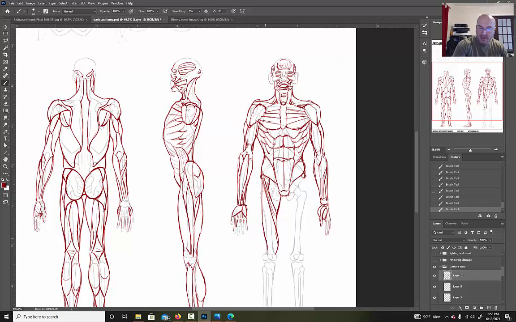So from the top of the kneecap, fascial connection, got quadricep muscles. This is your gluteus minimus, you can see here.